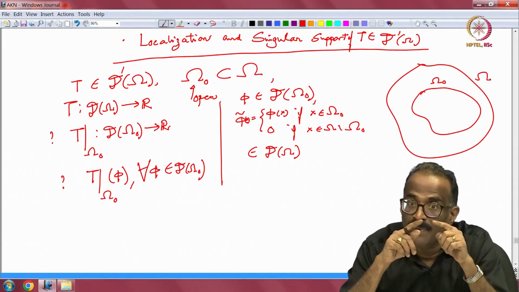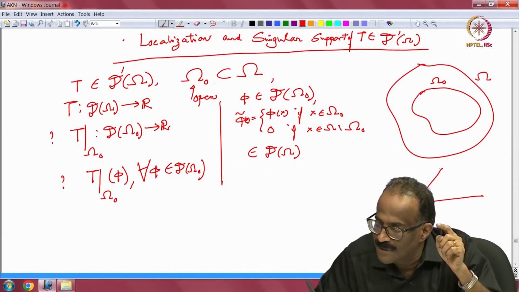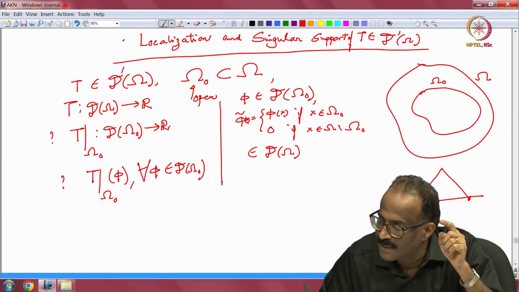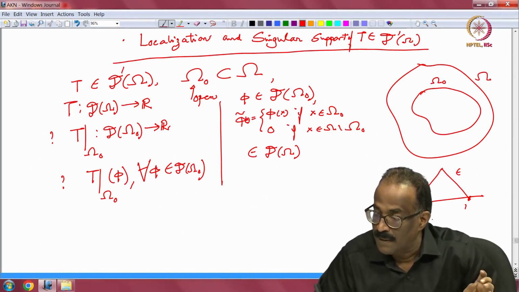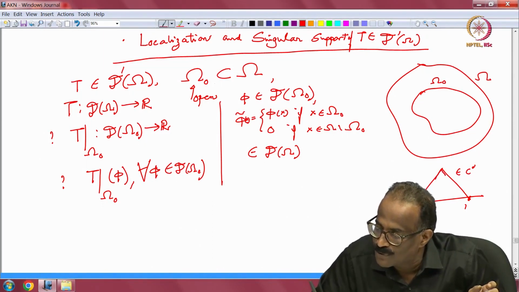For example, if you have a function defined on minus 1 to 1, this is in C infinity, and you can make it smooth also if you want.